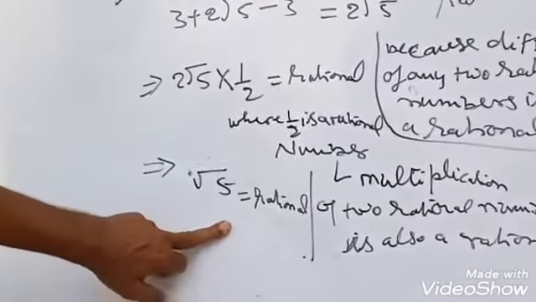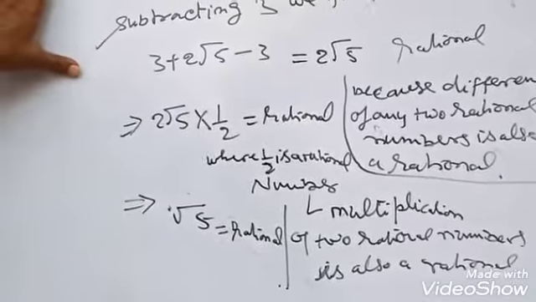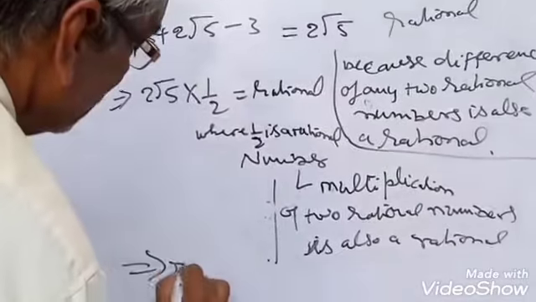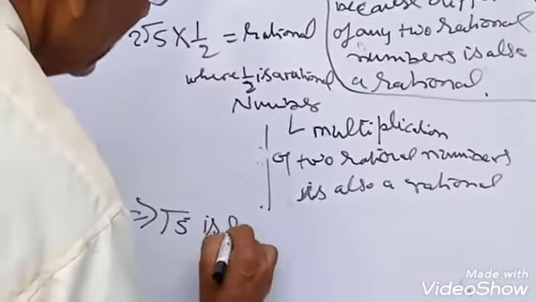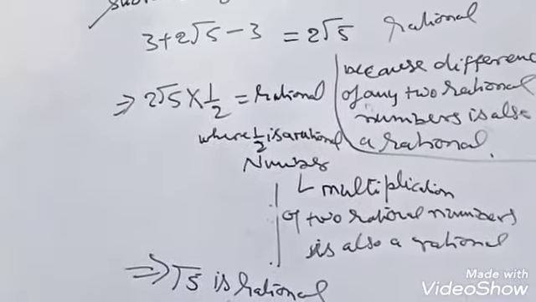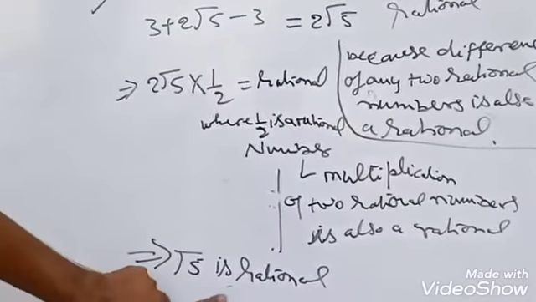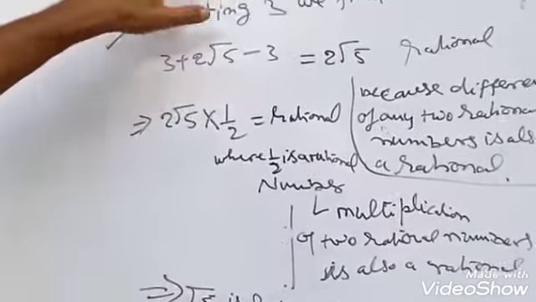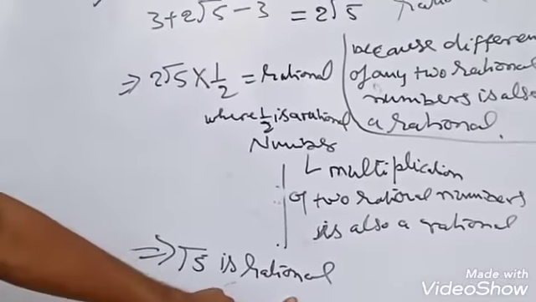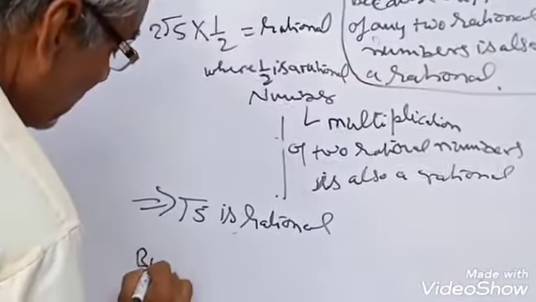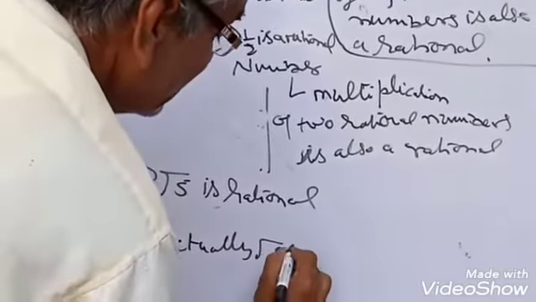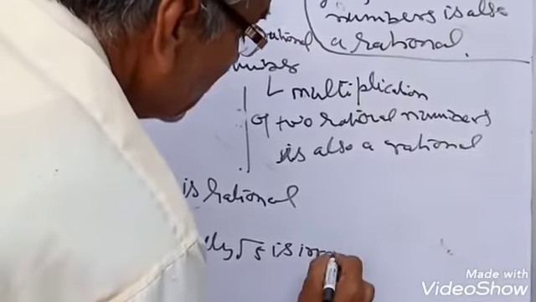From our assumption, root 5 is rational. But actually root 5 is irrational, as we proved.